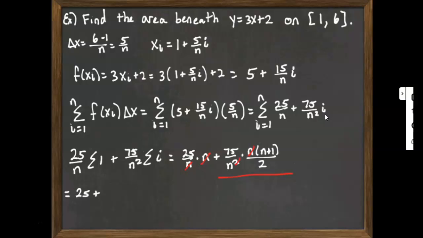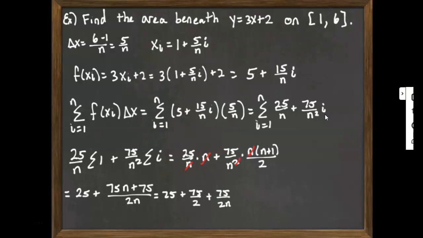I have 75n plus 75, and that's all going to be over 2n. Then I just do a little more housekeeping. I can take 75n over 2n and simplify that. So I have 25 plus 75 halves, because the n's cancel out, plus 75 over 2n.